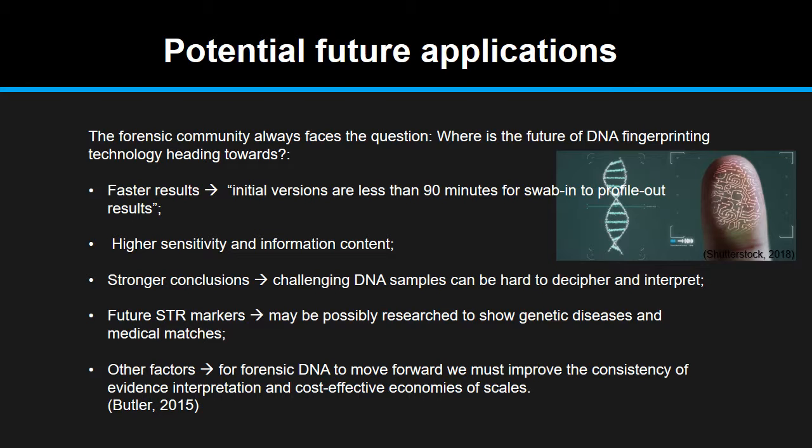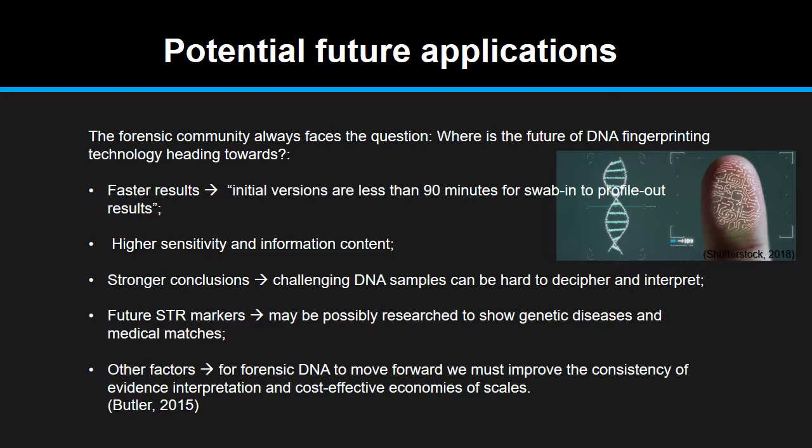DNA testing protocols can be expected to become much faster with rapid DNA instrumentation. Rapid DNA instrumentation combines the steps of DNA extraction, rapid DNA PCR, DNA separation, detection, sizing, and genotyping.